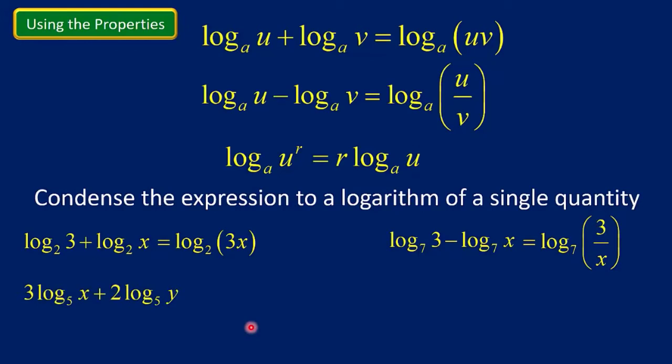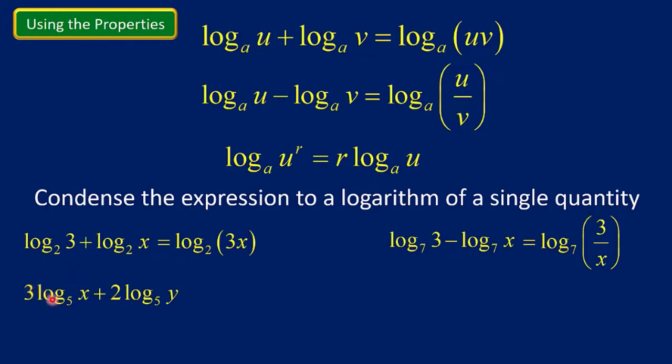With this one, we've got a couple of things going on. We've got this plus here, which draws our attention to this property, but also we've got these coefficients in front of the logs, which makes us think of this property. Well, here's what we want to do. It's sort of like order of operations. Take care of the exponents first. In other words, what I need to do here is bring the 3 up first.